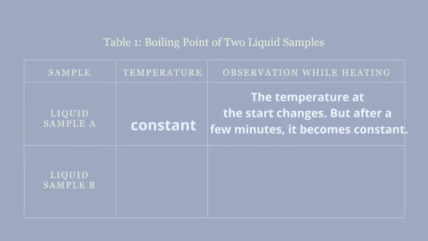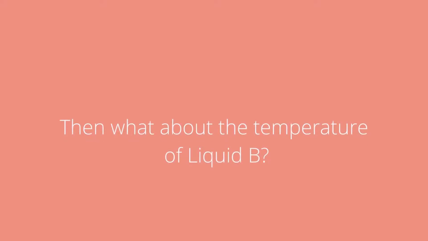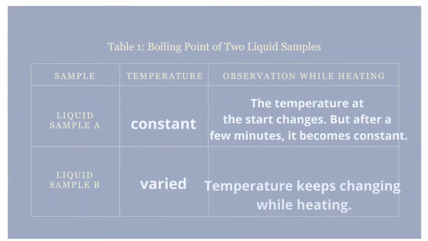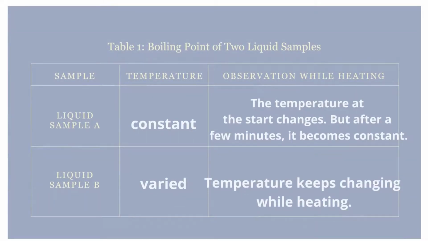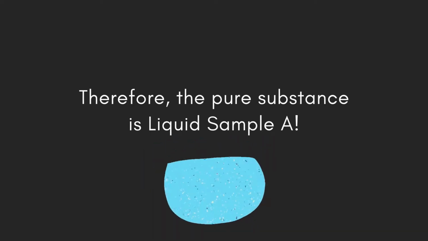The temperature at the start changes, but after a few minutes, it becomes constant. Then what about the temperature of liquid B? That's right. It's varied. And your observation? That's correct. The temperature keeps changing while heating. Therefore, the pure substance is liquid sample A.